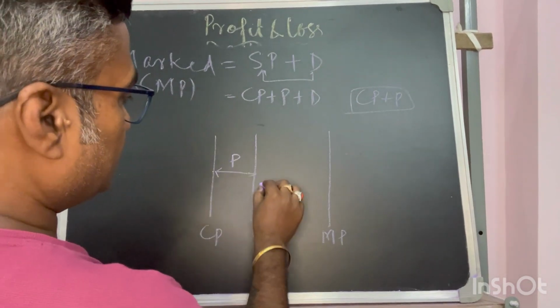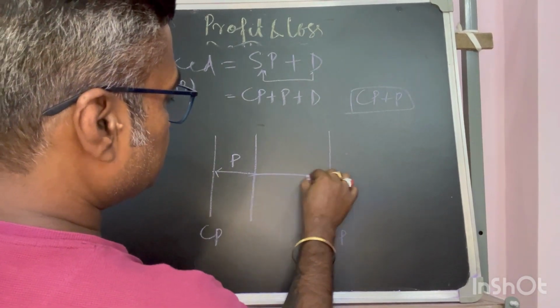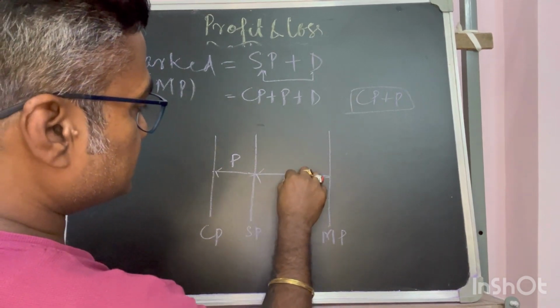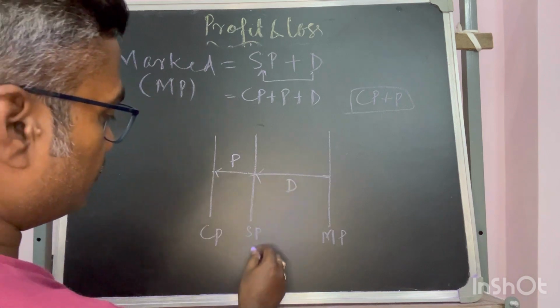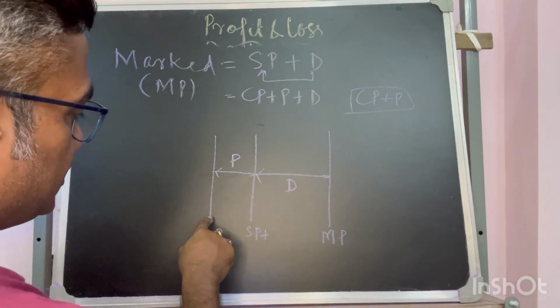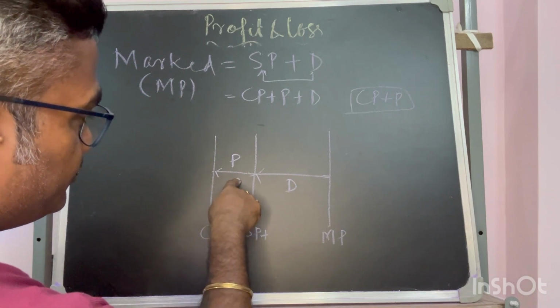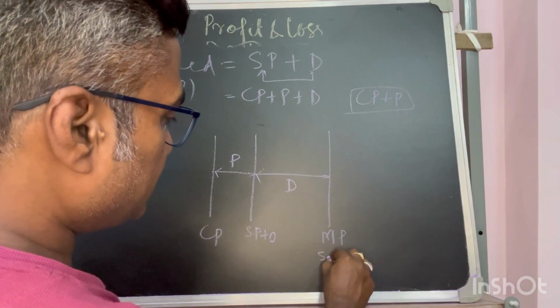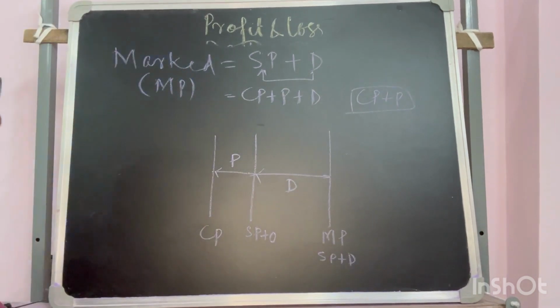So this is P. Now discount is on the sales price. If it is the sale price, this is the discount. So the discount will move from the sales price, which is based on the cost price plus profit, to zero discount to SP up to the D discount.